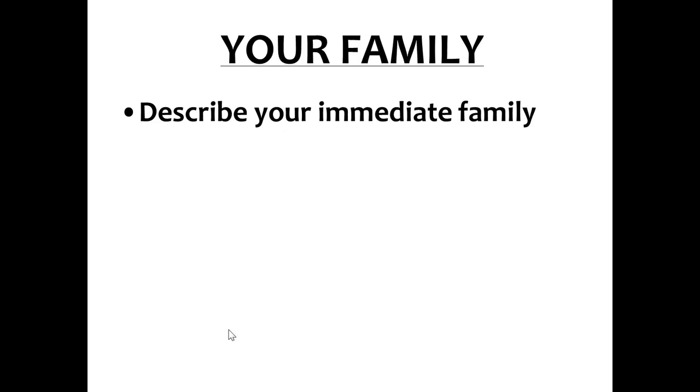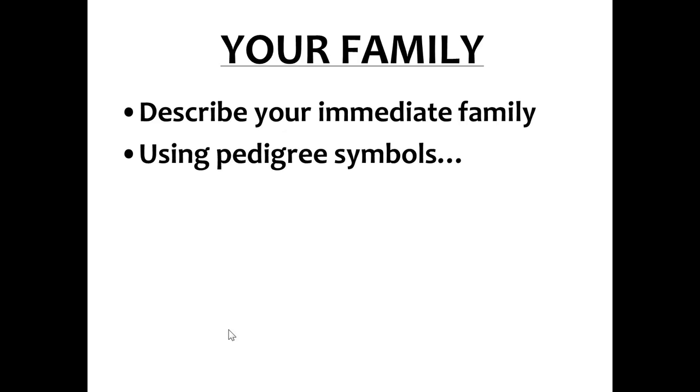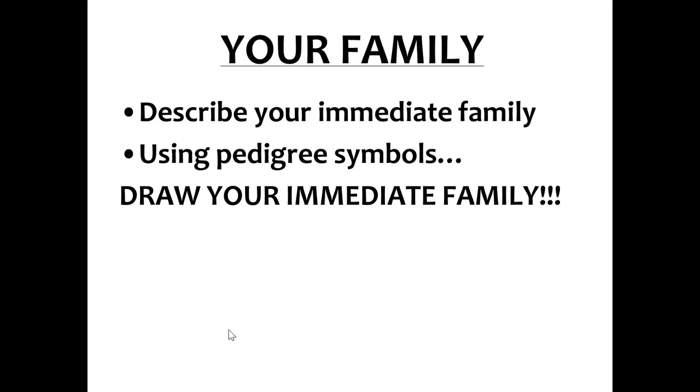But if it's difficult to do that, because I know some of our families are different, you can just go from your parents and just do your brothers and sisters. All right, so you can try that. Of course, you want to use the pedigree symbols when you do that: the circles, the squares, the horizontal lines, the diagonal lines, the lines that represent siblings. All right, so you can try and draw your immediate family.